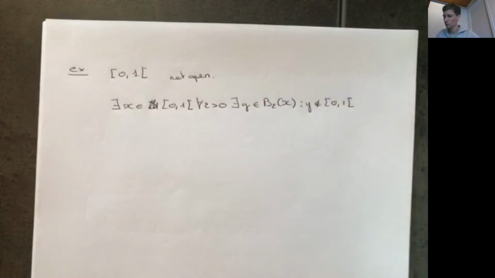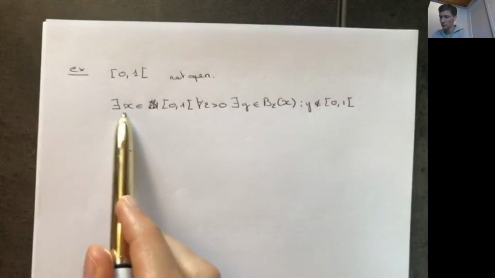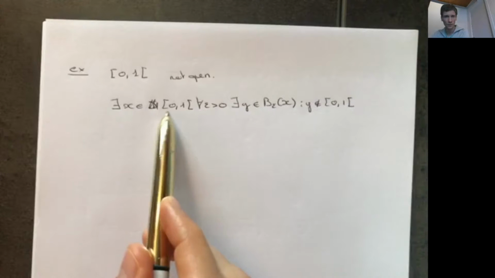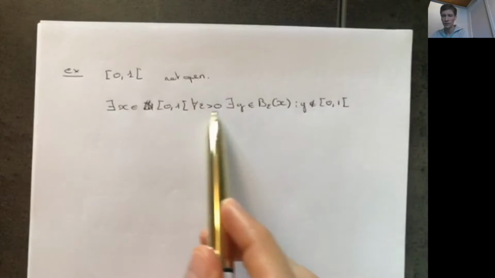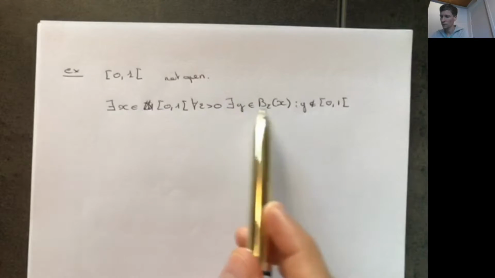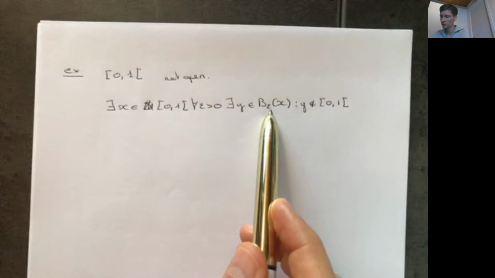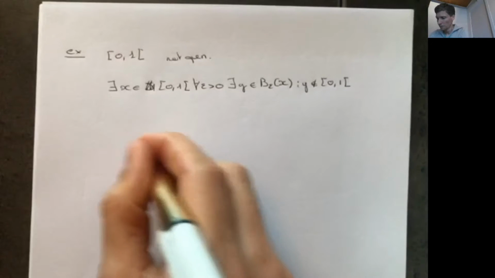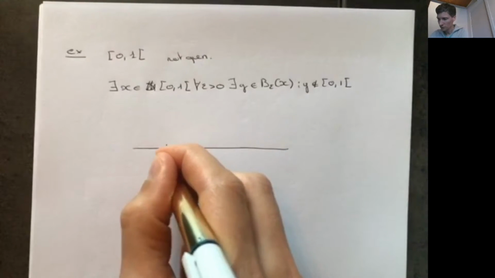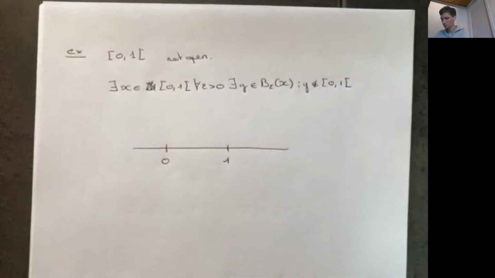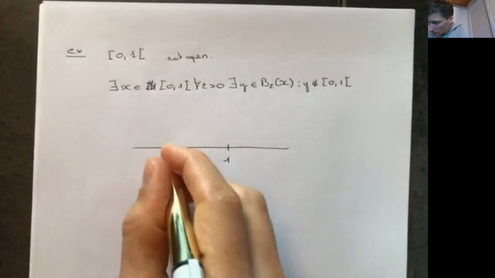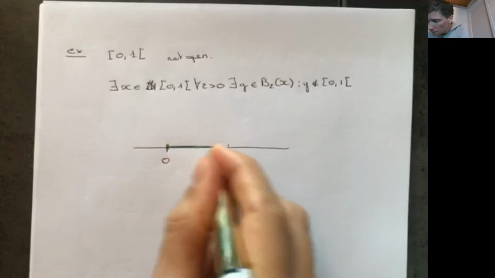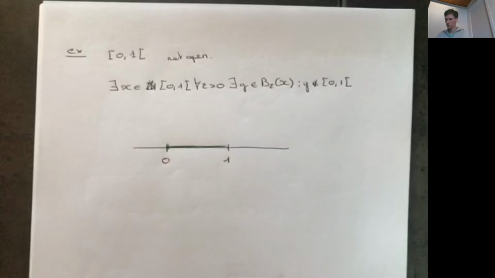So let's repeat. I have to find a number in this interval, so that for any epsilon, I can find something in the ball of radius epsilon around x, such that y is not in the interval. So drawing this interval, I have 0, 1. These are all my points.